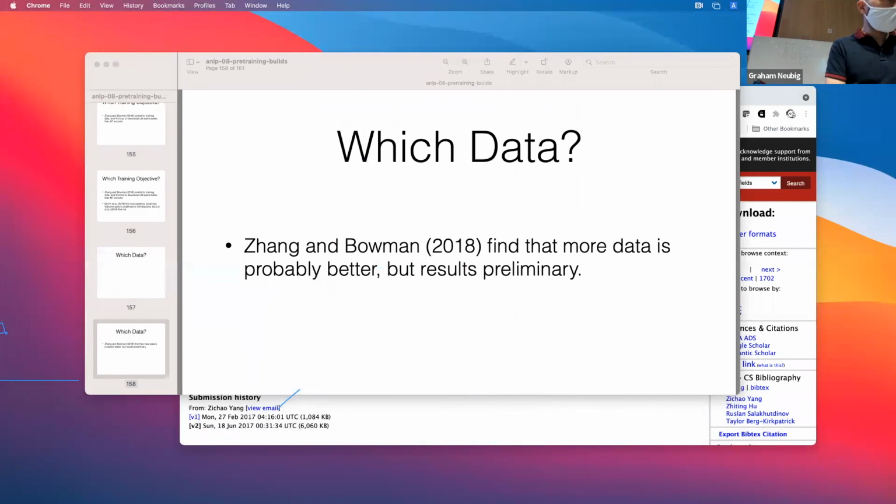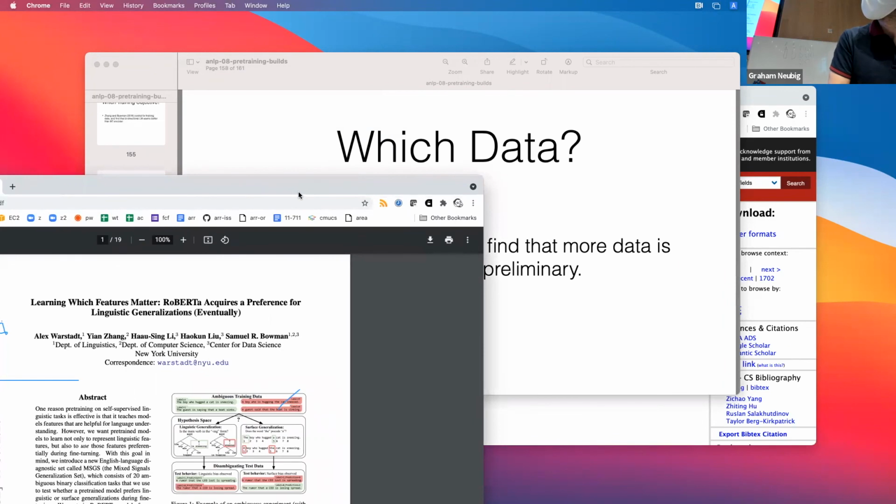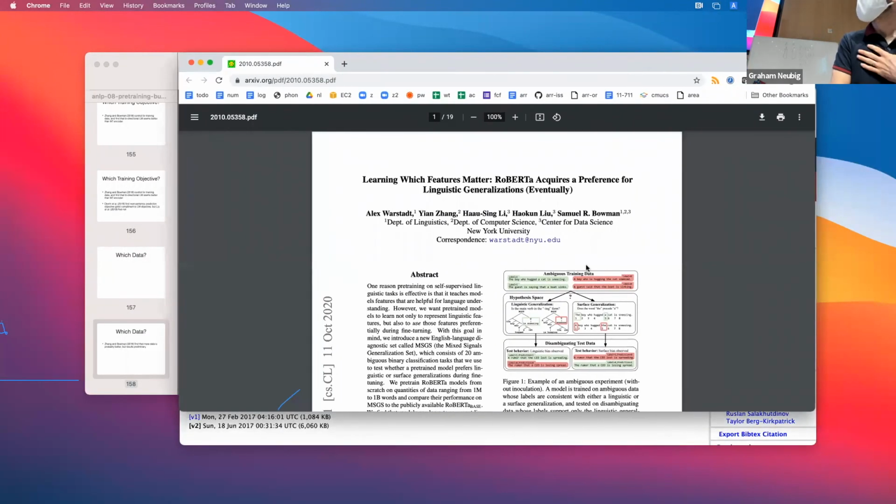to the reading list this time, but there's also a very nice paper called Learning Which Features Matter: RoBERTa acquires a preference for linguistic generalizations eventually.